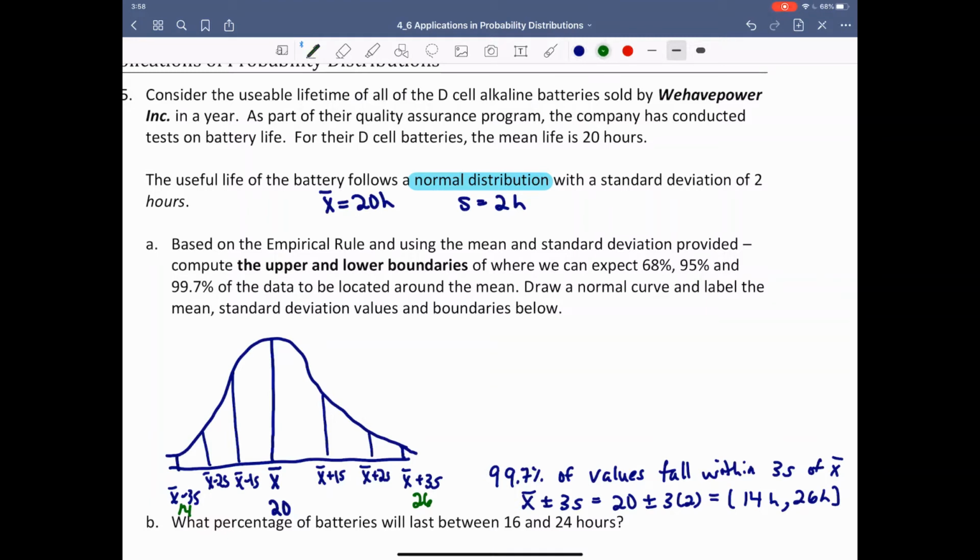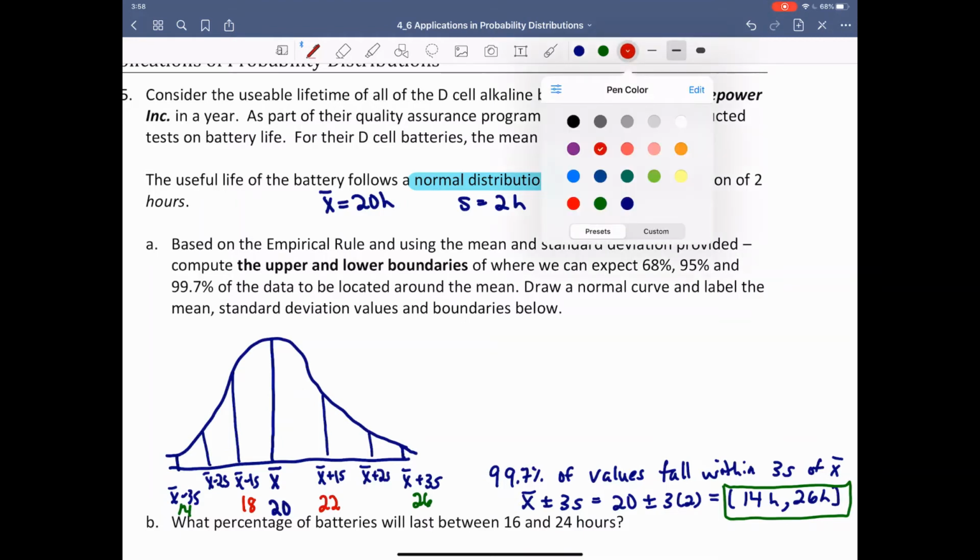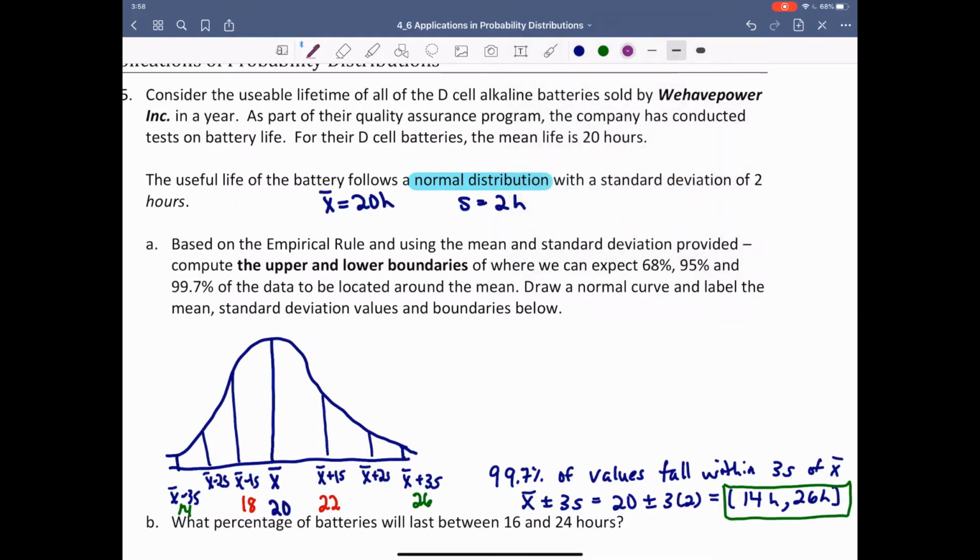And the relevant values will be 18 and 22, and we will also have 16 up to 24. It's filling out the rest of this.